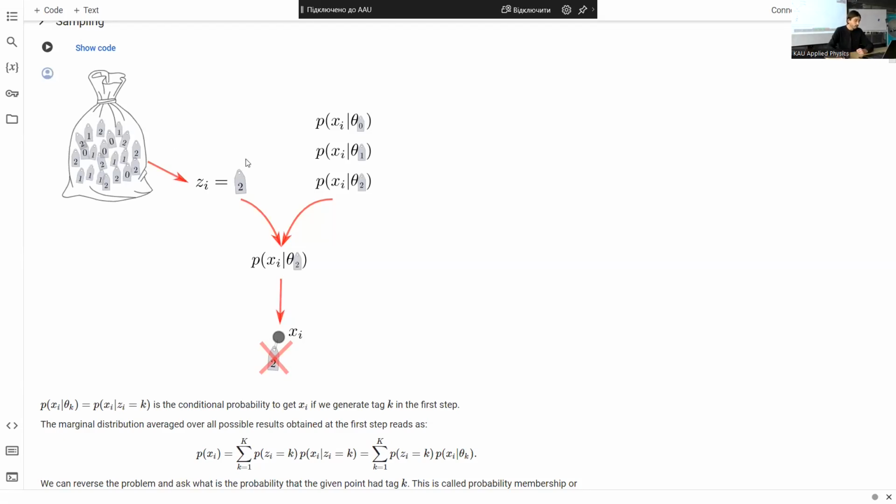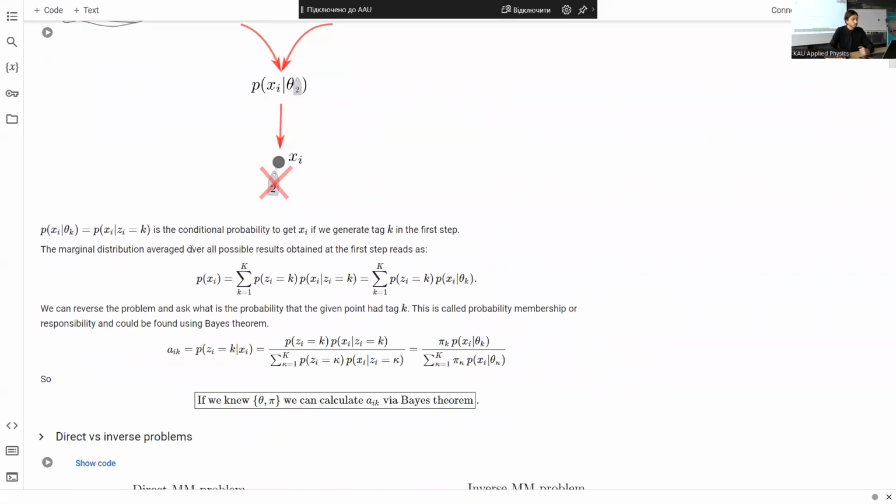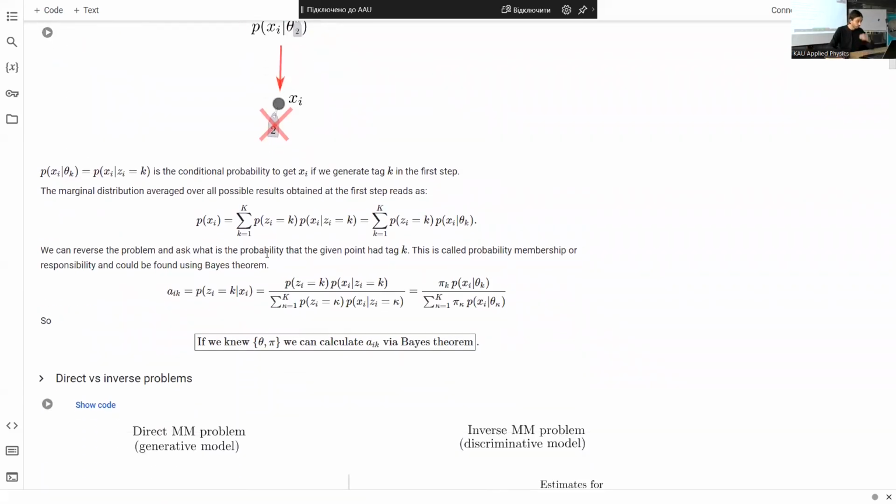And when you have got that label, you are choosing one of these probability distributions. So with the label 0 or 1 or 2, whatever you have gotten from that bag, you generate a point with that distribution, and you erase the tag, so we don't know from which distribution it came.